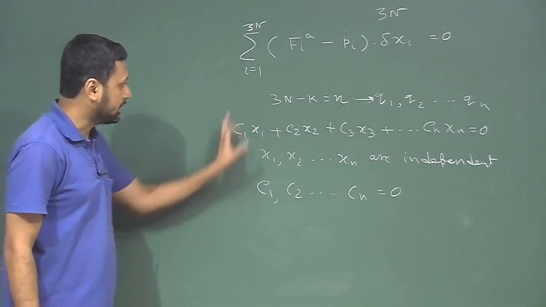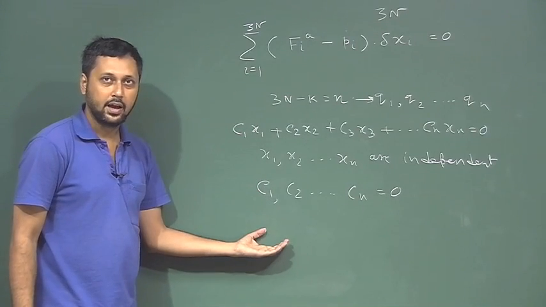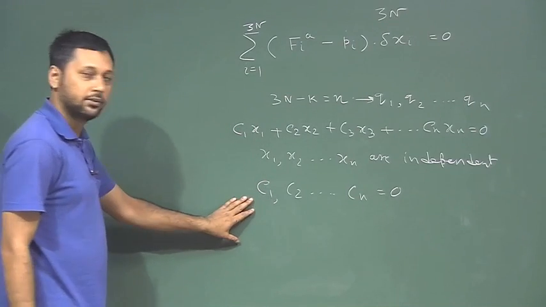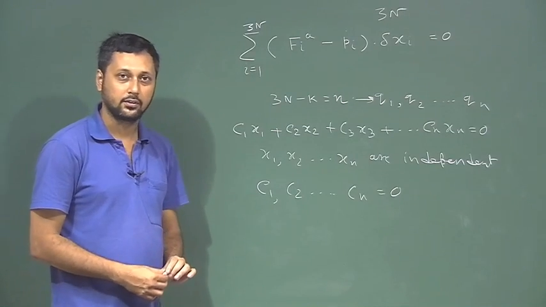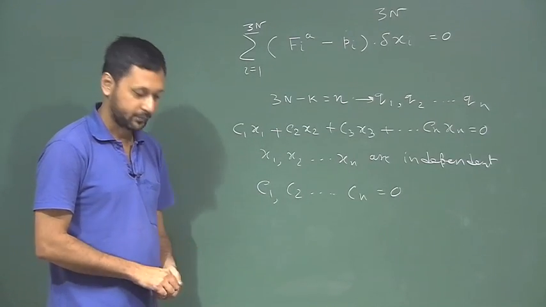This is from linear algebra, and I am pretty sure you are familiar with this concept. If not, you can check your linear algebra textbooks and class notes, and you will definitely find this there.